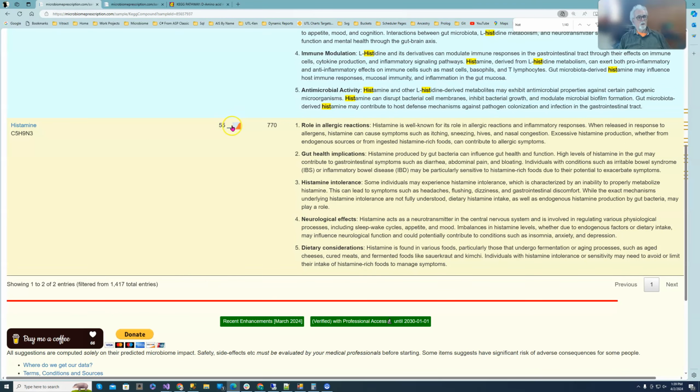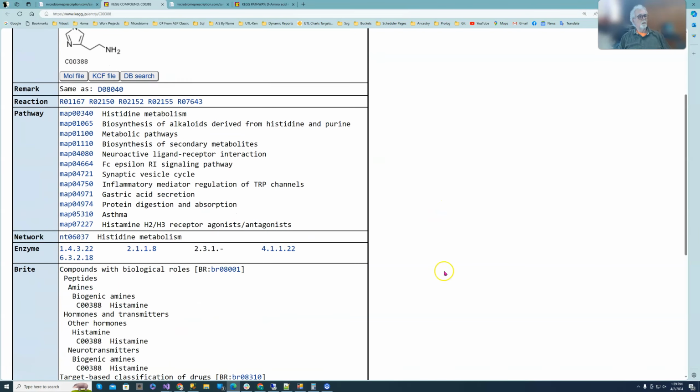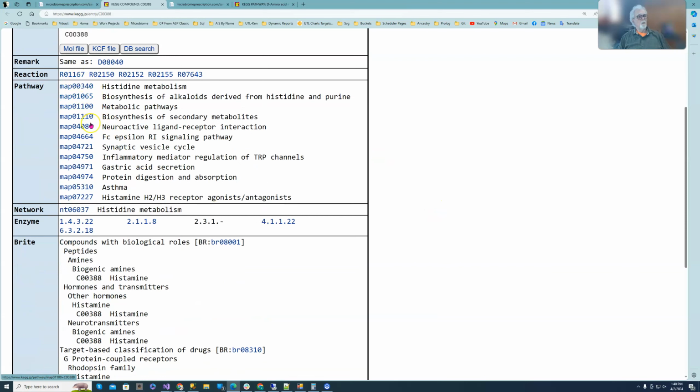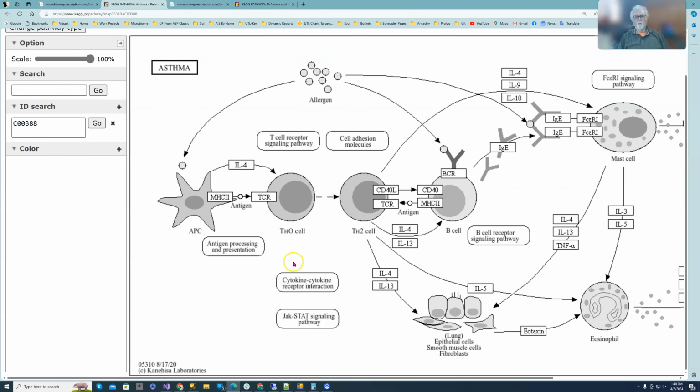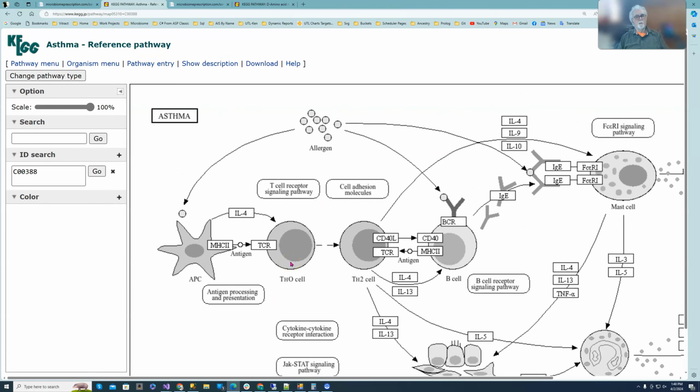Again, if you click through, you go over to there, and in this case we have a whole ton of different pathways. For example, the pathway for asthma, and providing data. Again, this last part is basically for those who are real into biological science.